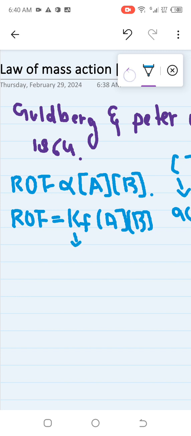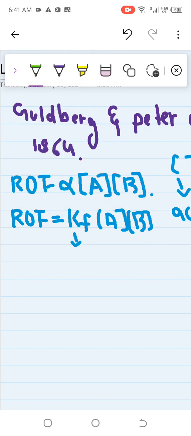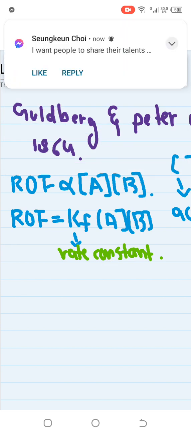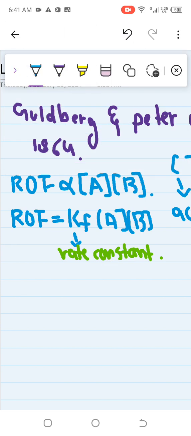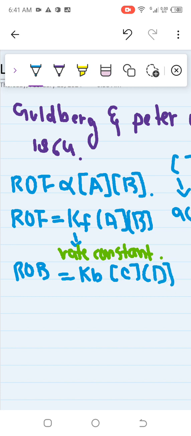K is basically the rate constant. After that we have the rate of backward reaction, which will be equal to the constant Kb, and here concentration C and concentration D.